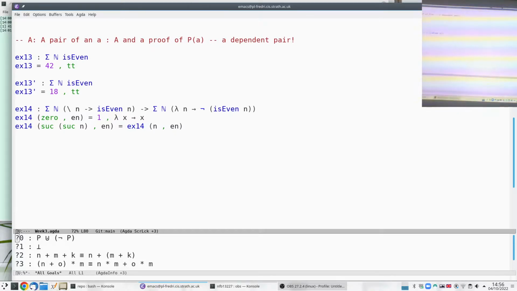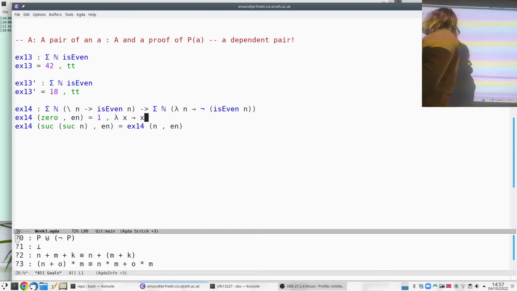Once again, Agda was being pulled towards a particular choice that made a computation unfold. So I wanted to make use of this proof that n was even. But if I don't know what n is, I don't know exactly what the proof is. But that proof was exactly the thing that allowed me to not deal with the zero case here.